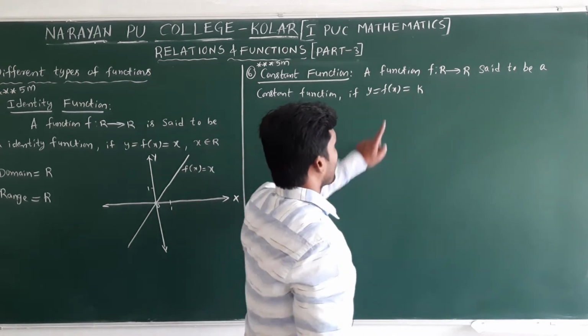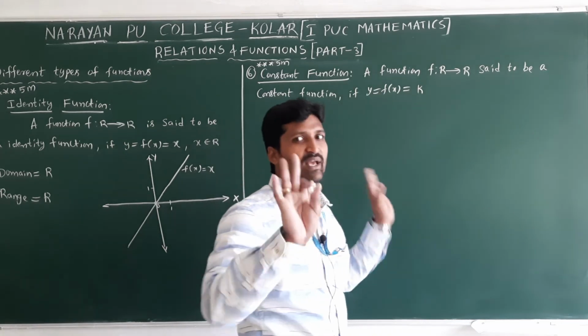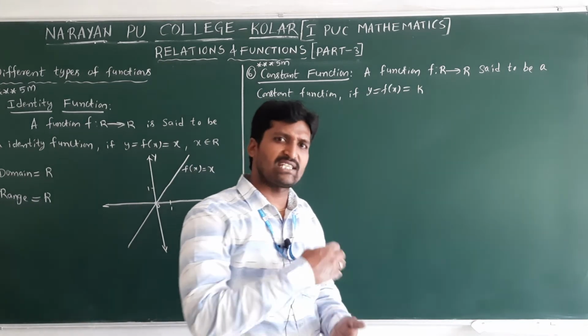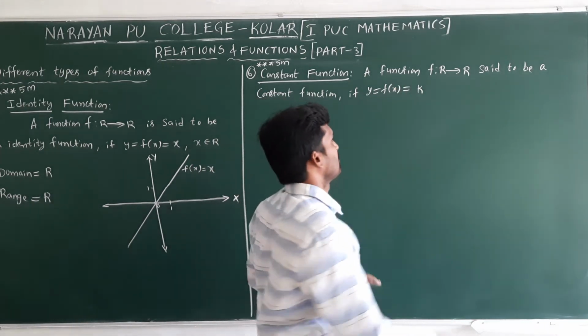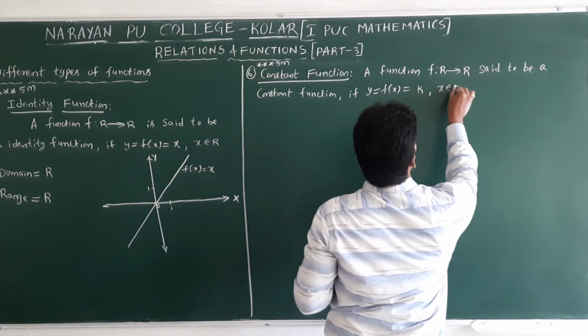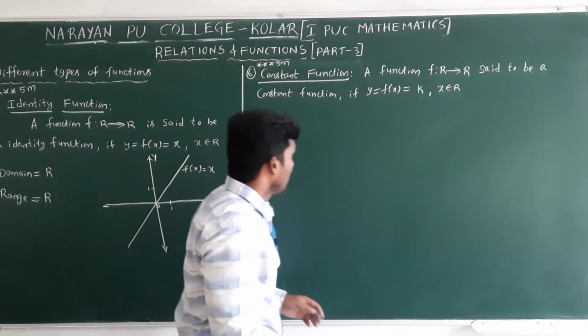That means whatever x you take, the y value is k only, fixed, image fixed. Any x value you take, all real numbers, the image is constant, no changes. Where x belongs to real numbers.